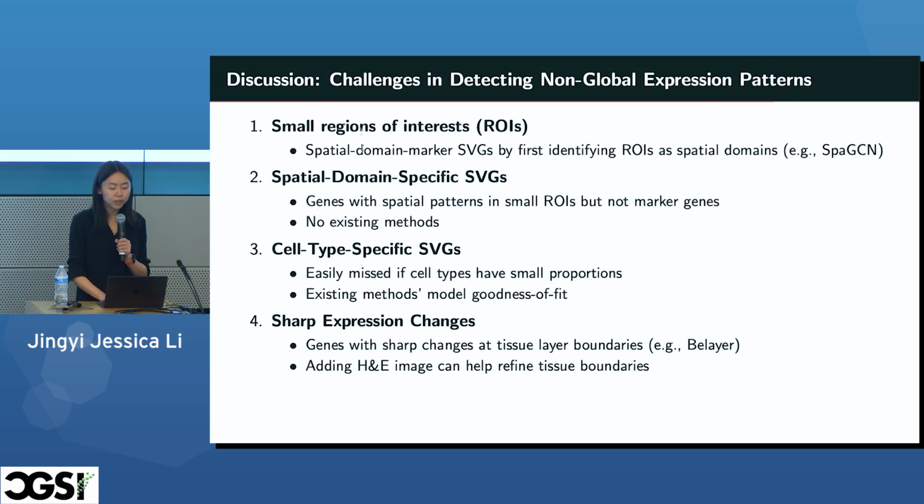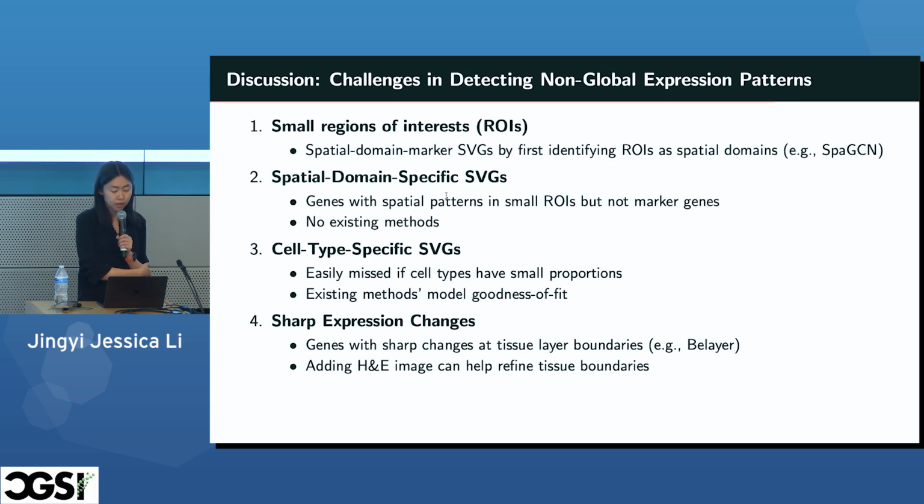So the first 2 issues are both related to domain-related marker gene identification. In particular, for the second challenge, what I see is that all these methods don't talk about detecting patterns within a domain. If the domain is small, this will be more difficult. If the domain is large enough, maybe you can just apply the existing overall SVG methods to that domain.